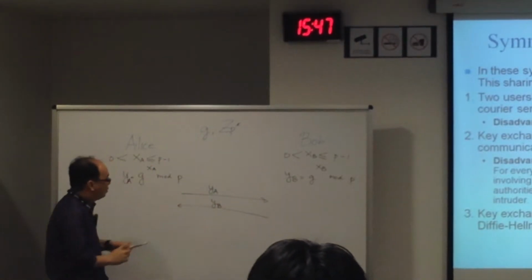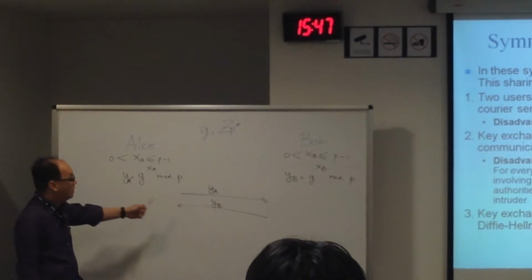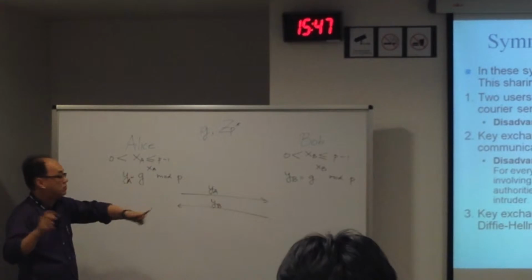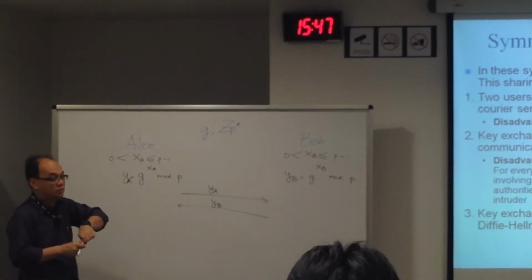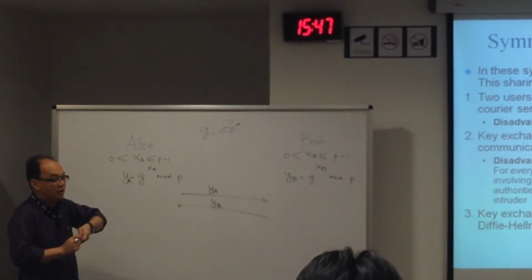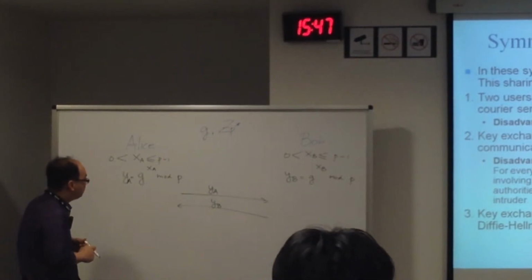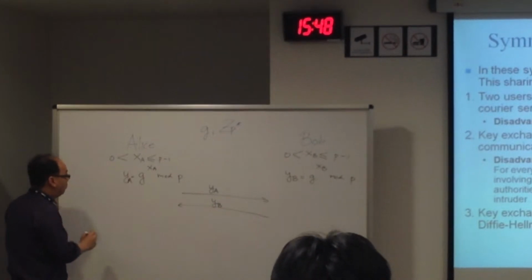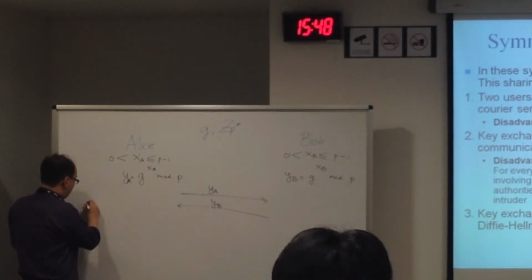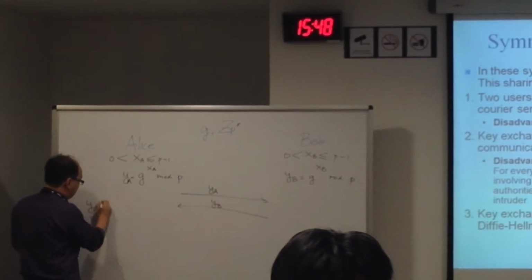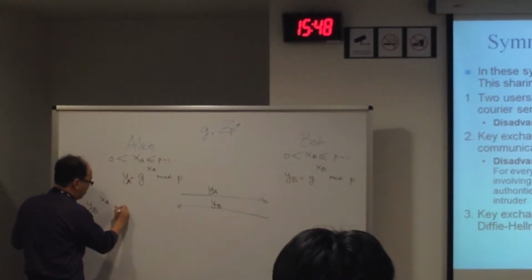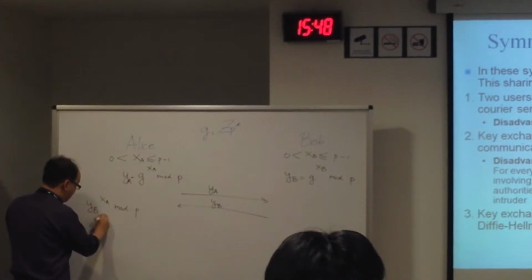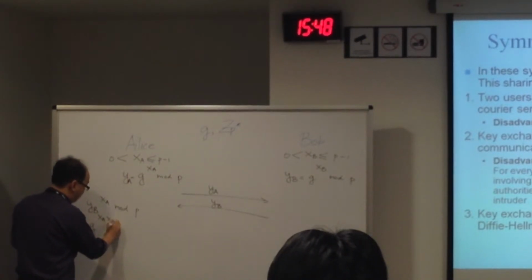When I wrote the arrow like this, it doesn't mean that A will send it to Bob directly, but A will just publish it. B can also publish it. After that, when A receives yB, A will compute yB to the power of xA modulo p, which is equal to g to the xAxB modulo p.